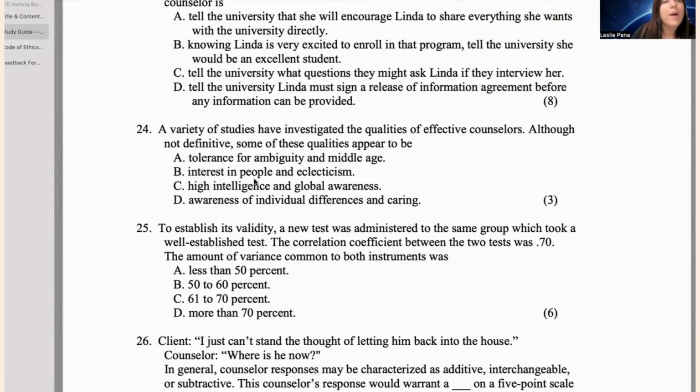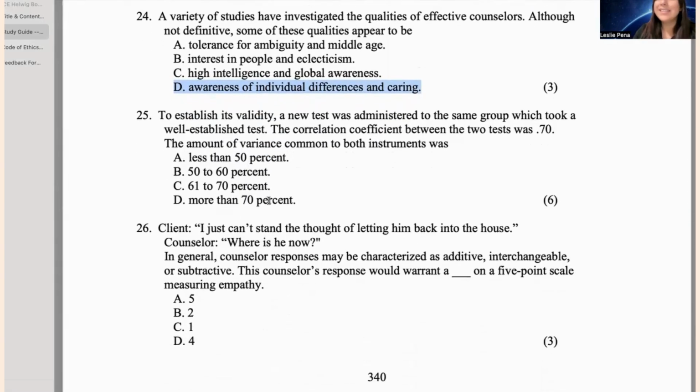So I know why clients get so excited when they're like, "Oh, you remember that?" from a few sessions ago. Or they're like, "How did you know that? How did you guess that?" So they want you to be aware of their individual differences. They want you to be aware of who they are, and they want you to care. So the answer to this one is D.